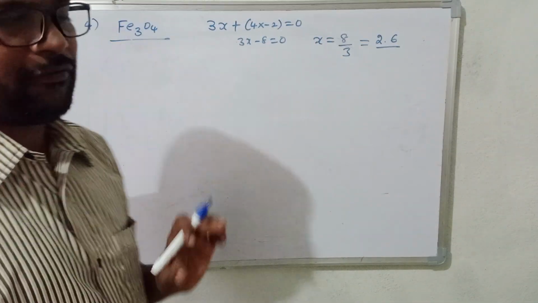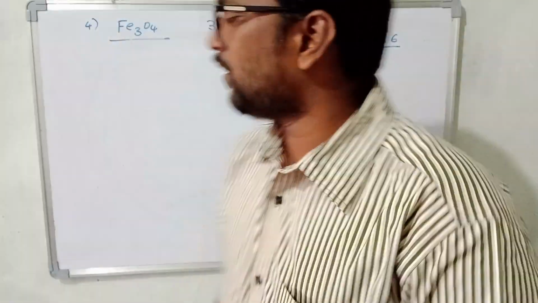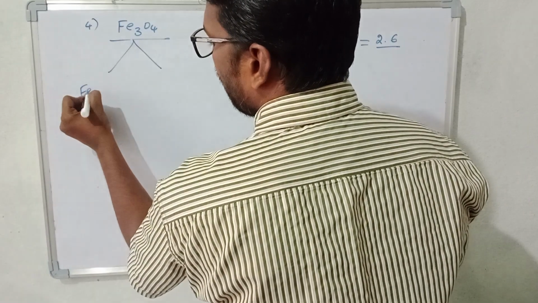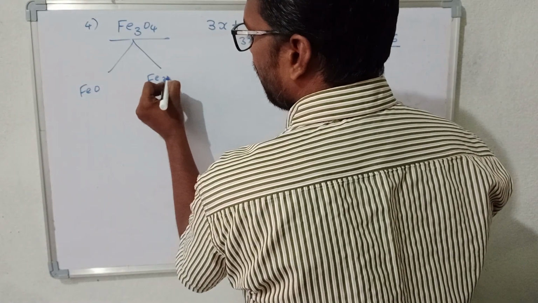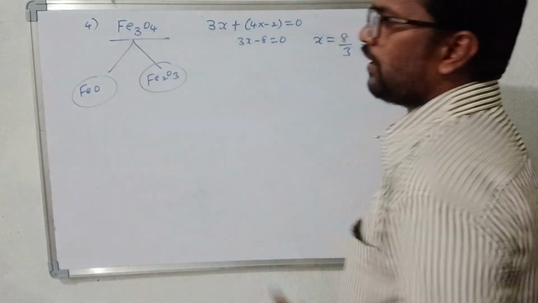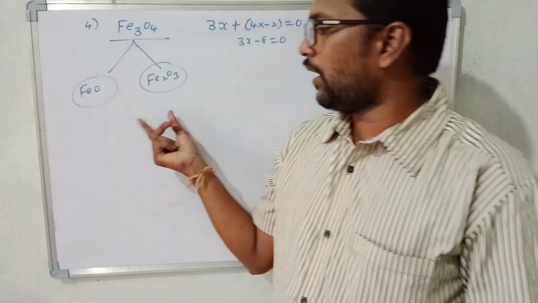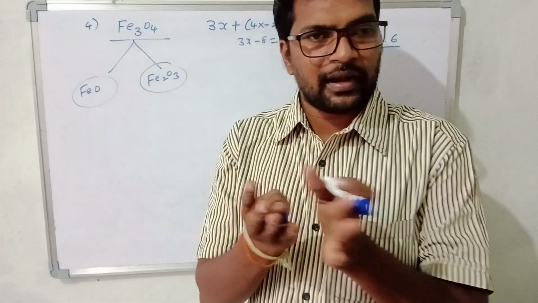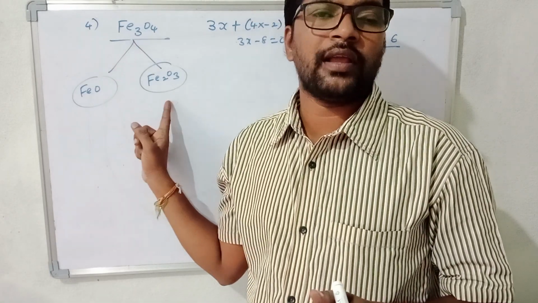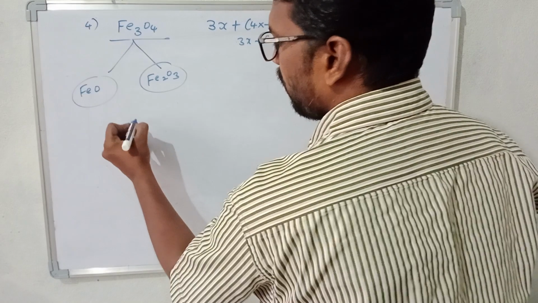Actually, this iron oxide Fe3O4 is a combination of 2 oxides, FeO, ferrous oxide, and Fe2O3, ferric oxide. By combining these we get Fe3O4. So if you want to write the individual oxidation state, we can write that it is a mixture, and by mixing these two we get this. So here we can find the individual oxidation states.